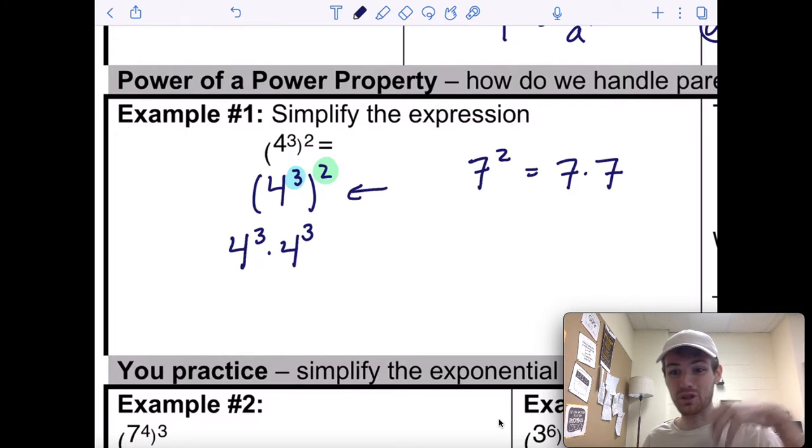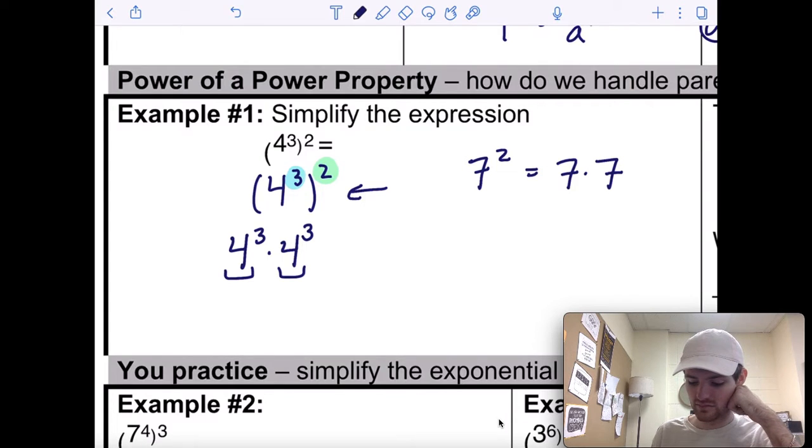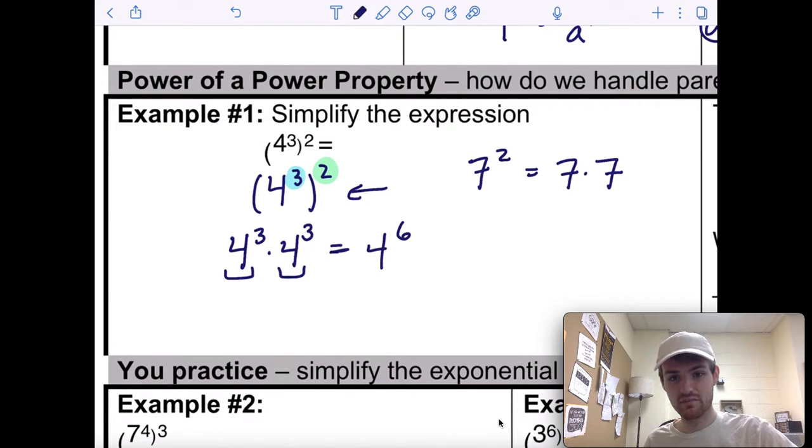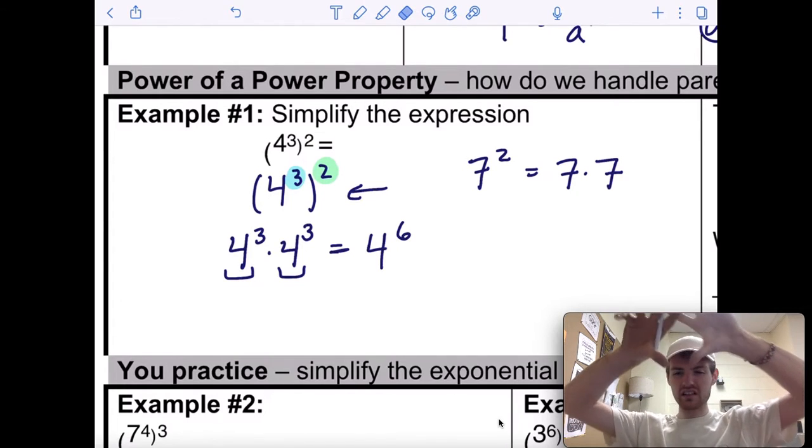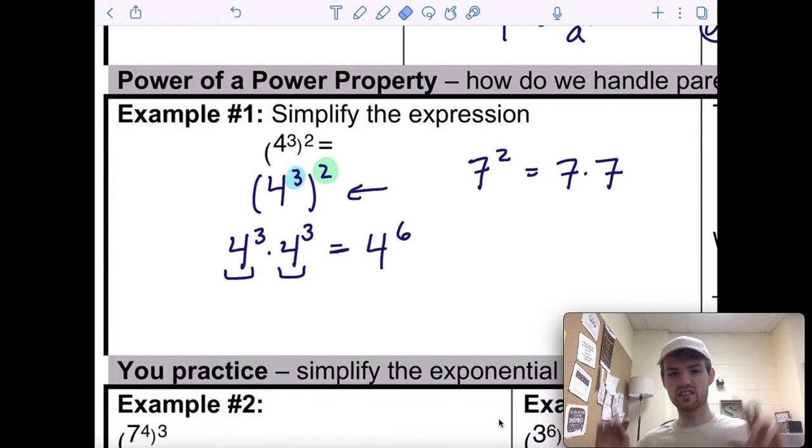Well, we learned last class, since these bases are the same, that would give us 4 to the 6th. So we can pull all this stuff apart if we want to.